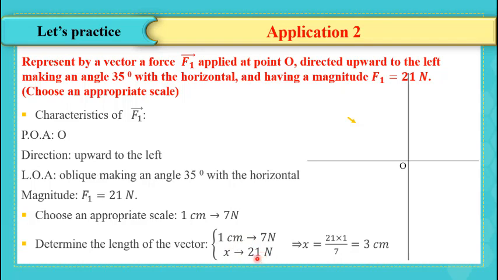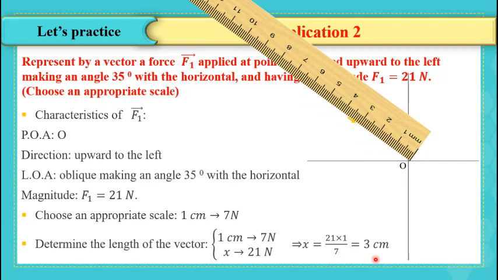Applying the cross multiplication rule gives us that the measure of the length of this vector is x equal 21 times 1 divided by 7, which gives us 3 centimeter. Now, holding a ruler, we can measure the length of the vector to be 3 centimeter. This is the 3 centimeter. I will draw the vector till this point.